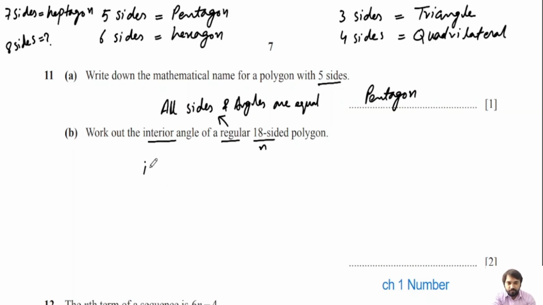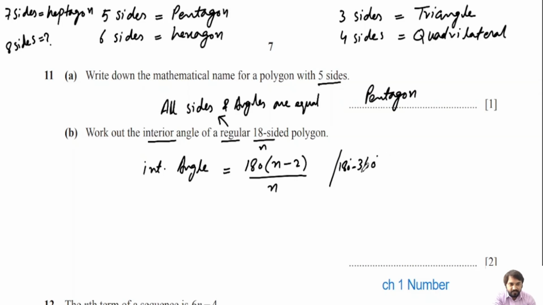We have the formula to calculate the interior angle of any polygon, and that is 180 into n minus 2 over n. You can also write it as 180 minus 360 degrees over n.